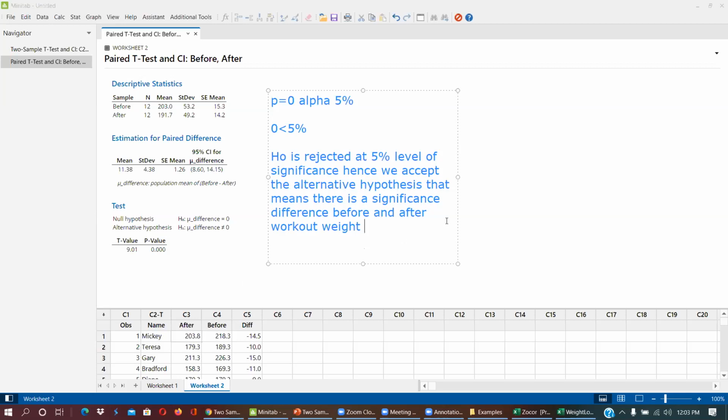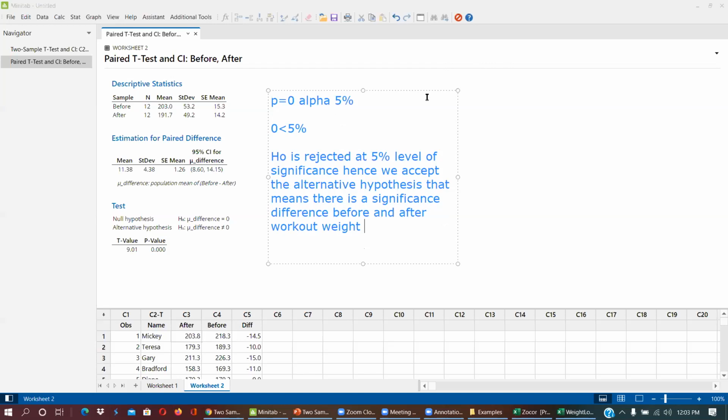So based on the data, at the 5% level of significance, we are concluding there's a significant difference. It means one can observe that if somebody does the workout, there's a significant difference. So this is based on that.